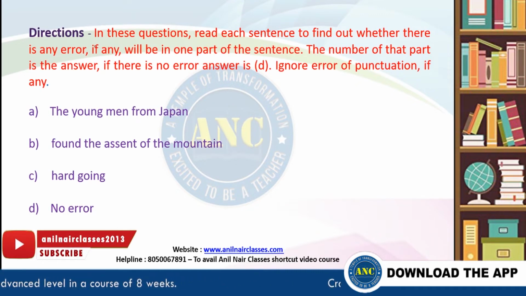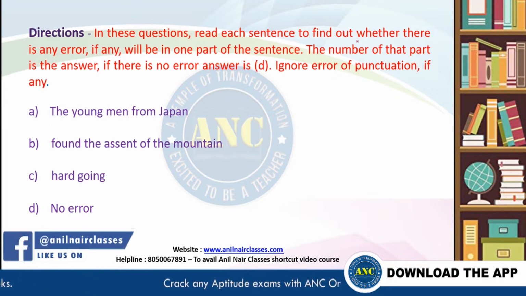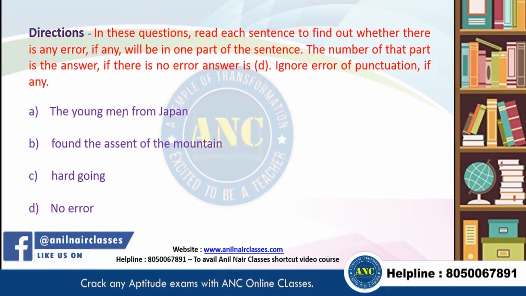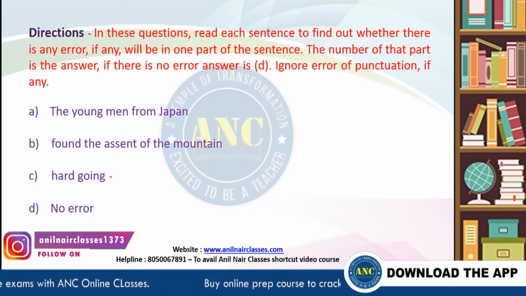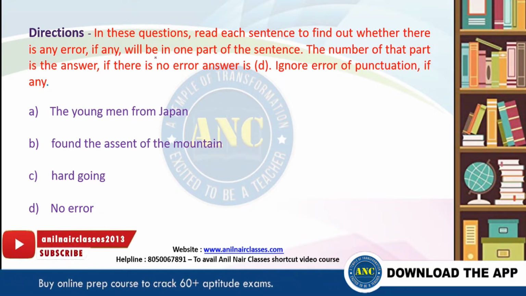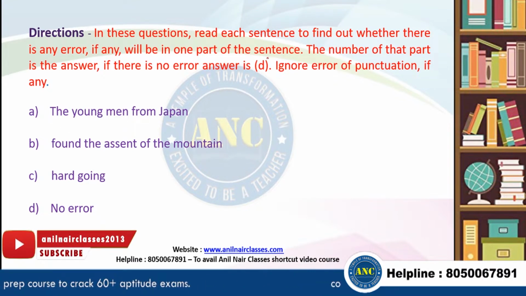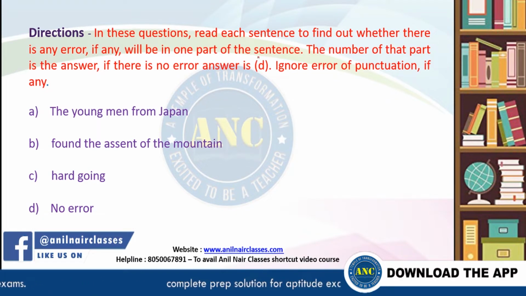Now, the direction says, in these questions, read each sentence to find out whether there is any error. There is one sentence given. You have to find out if there is any error in these four parts. Error, if any, will be in one part of the sentence. These four parts have been divided, so out of these four, in one part the error will be there.